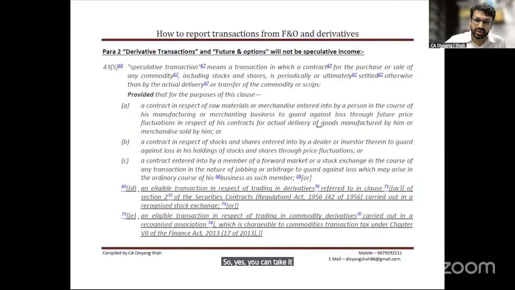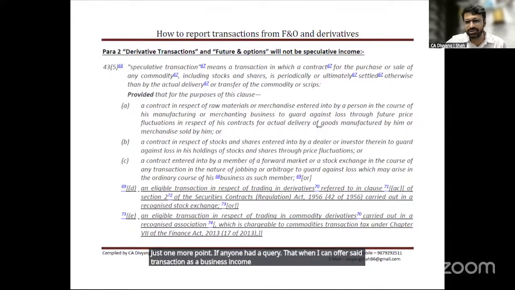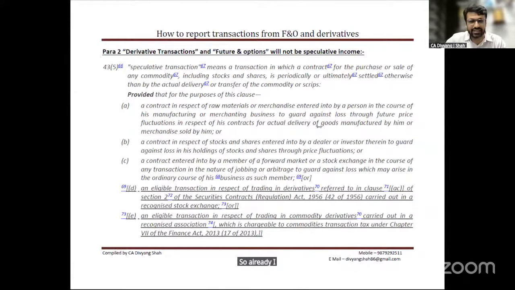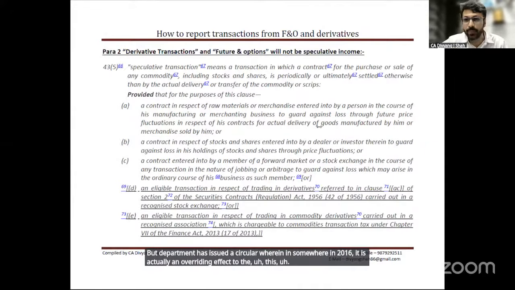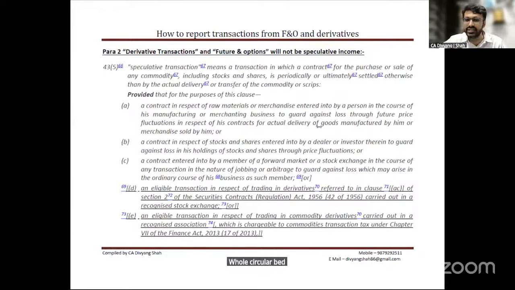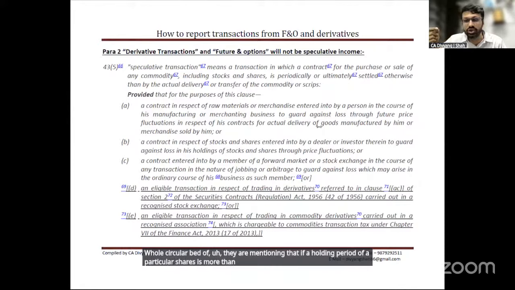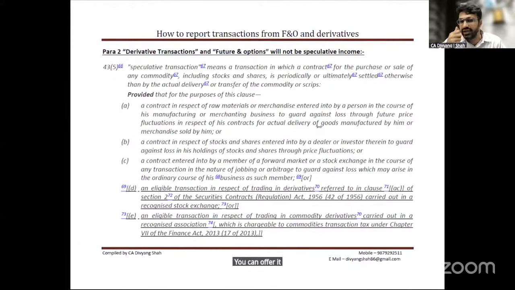So yes, you can take it. And one more point. If anyone had a query on when I can offer share transactions as business income or capital gain, I already answered it. In the income tax law there is no clarity, but the department has issued a circular, somewhere in 2016, which has an overriding effect over the old circular, mentioning that if the holding period of particular shares is more than 1 year, you can offer it as a capital gain.